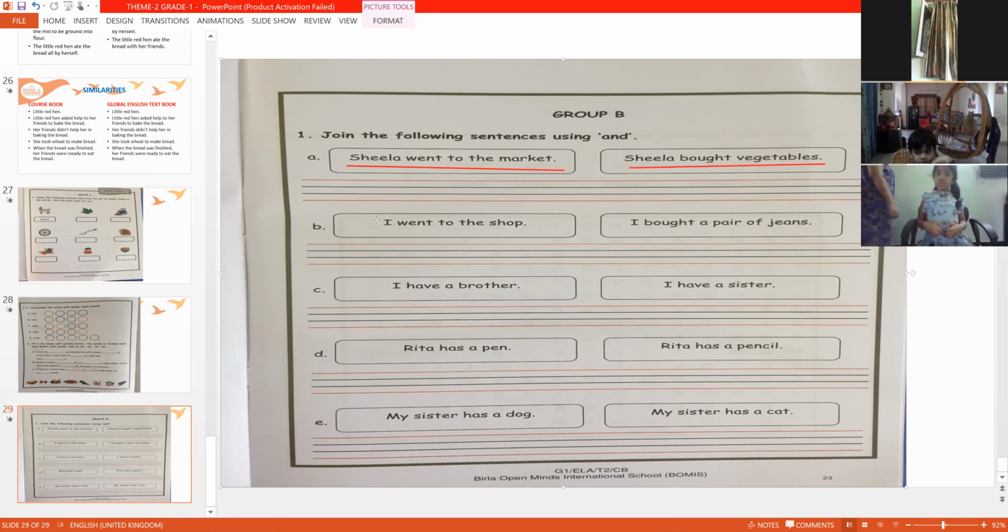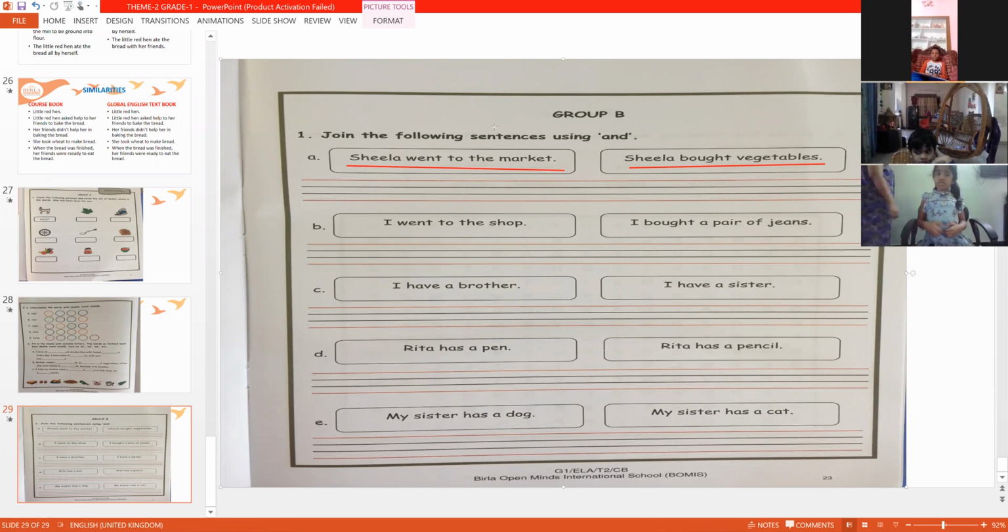So which word is repeated here? Sheila. Noun is repeated. Sheila is the name of a girl and it is repeated twice. So we should not write this noun two times. We have to write only Sheila went to the market and bought vegetables.